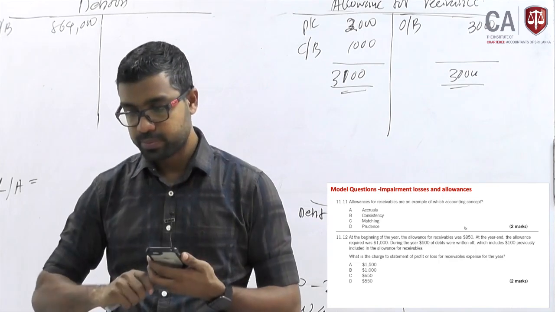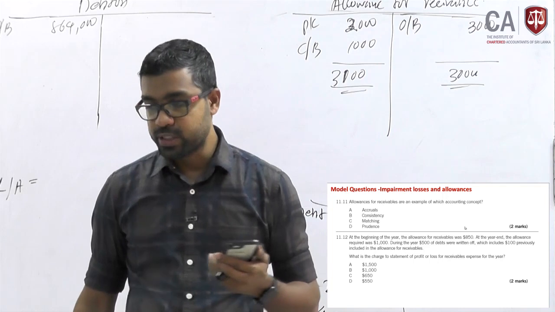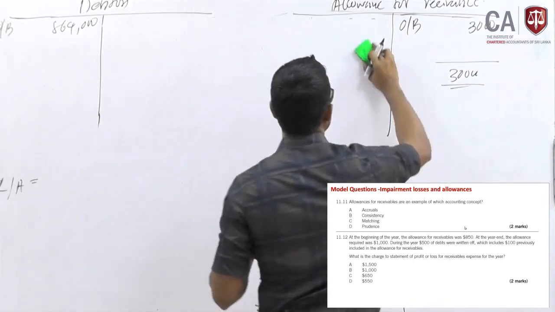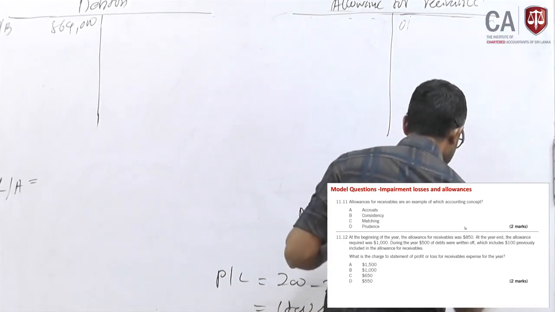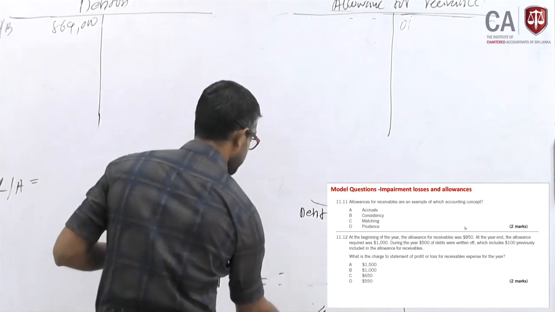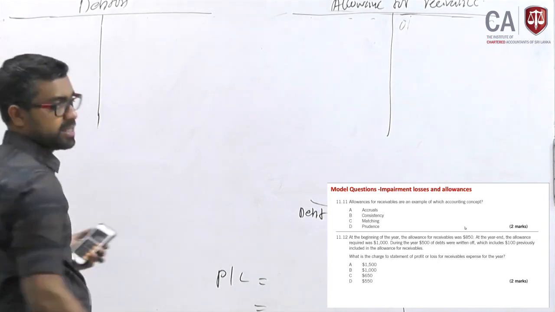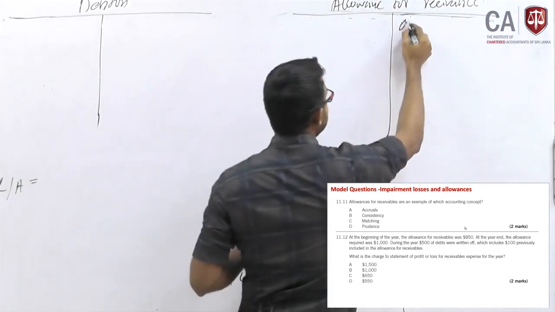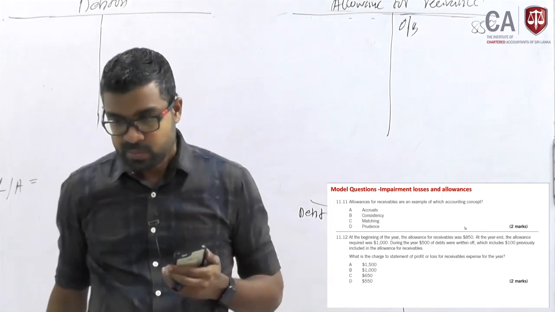Question number 12. At the beginning of the year, allowance for receivable 850, again calculations. So same question examiner can be tested in CA Sri Lanka also, right? 850 opening balance, 850.